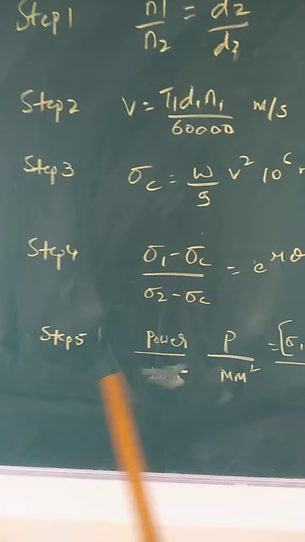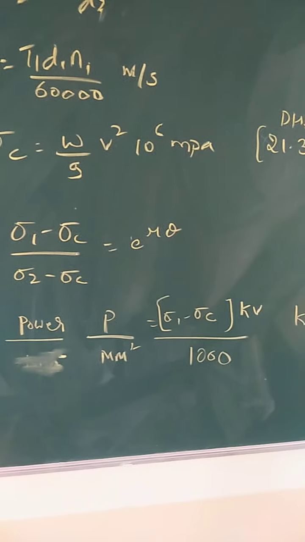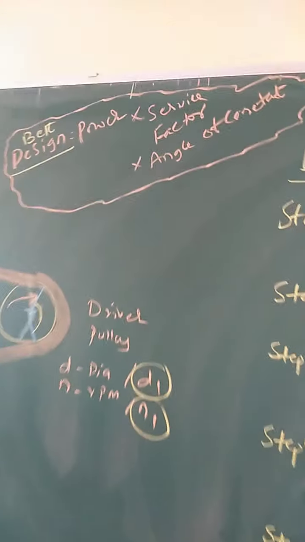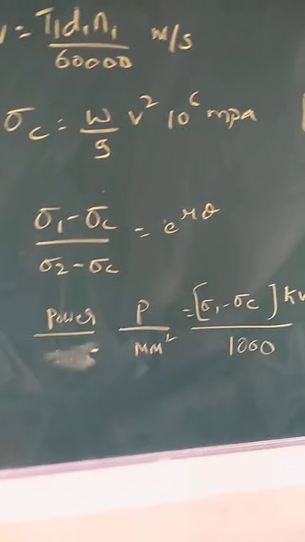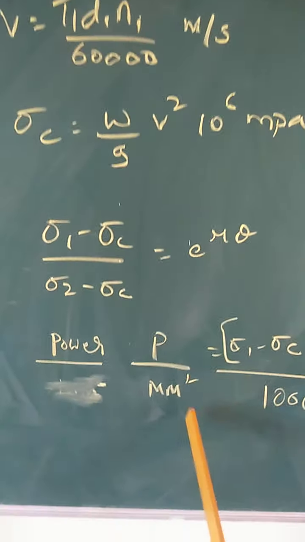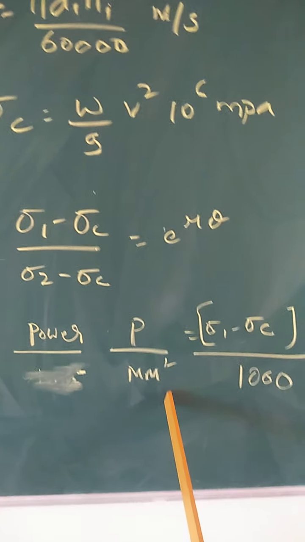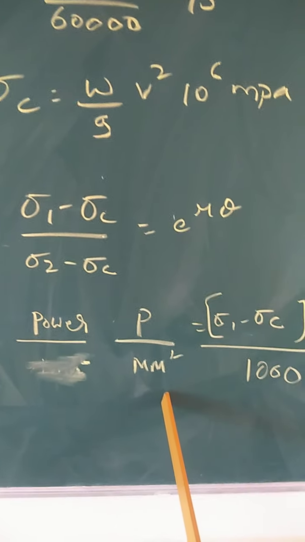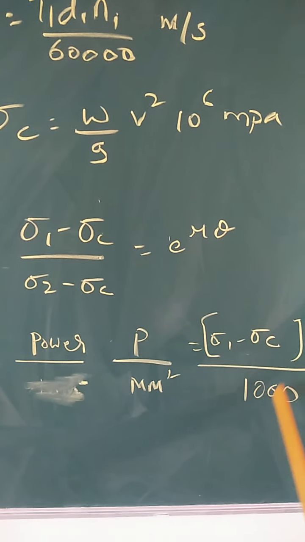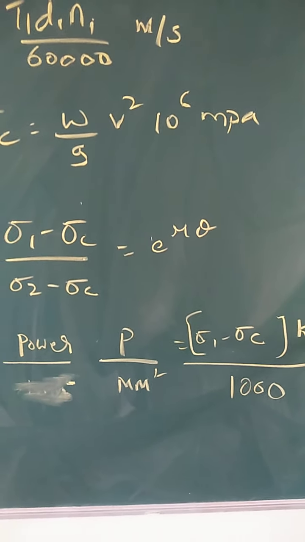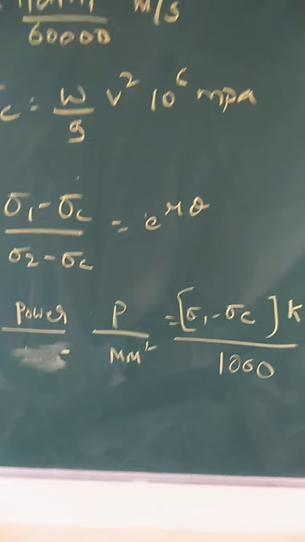Okay. Next step is power. As I told, in the design procedure power is a very important step. You should find out power per millimeter square, that is equal to (sigma 1 minus sigma c) into k into v. Velocity, and this is the k factor. I will show you one more formula here.